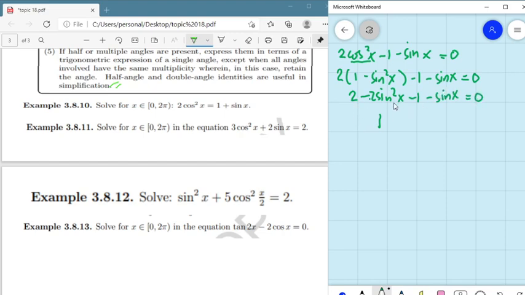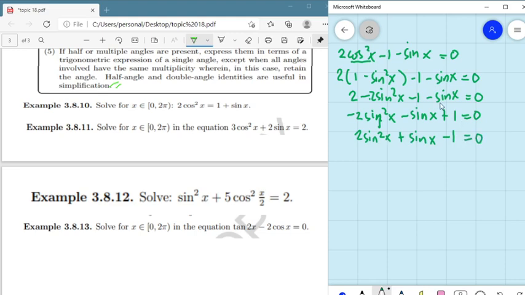Combining 2 and 1, we now have negative 2 sine squared x minus sine x plus 1 equals 0. To make the first term positive, we divide everything by negative 1. So it is now equal to 2 sine squared x plus sine x minus 1 equals 0.